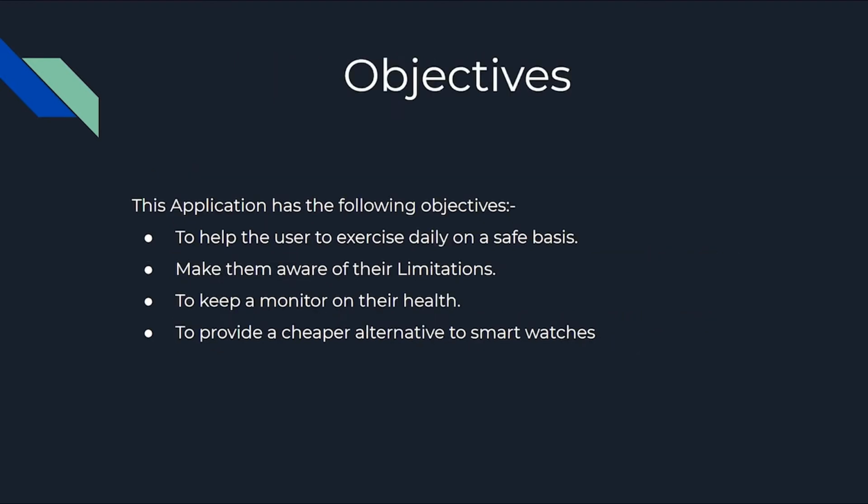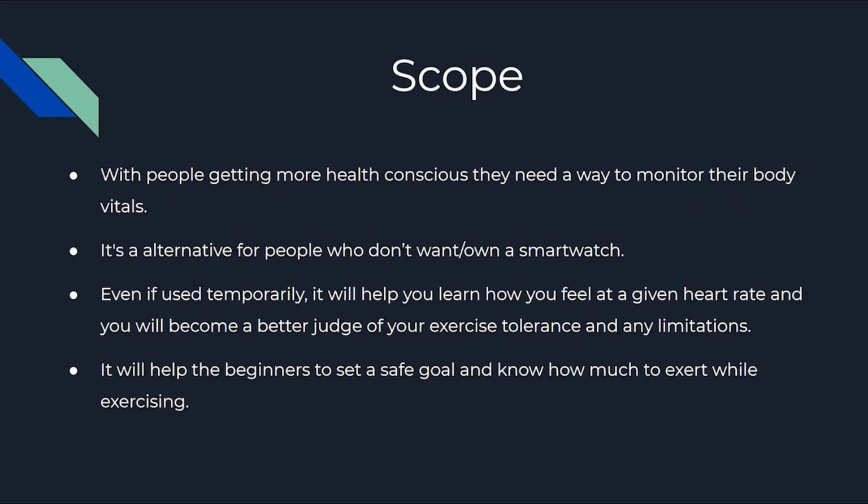Now the main purpose of building a heart rate monitor was so that we can give the user a cheap alternative to smartwatches, and it is a way for users to keep a check on their health and make sure that they know their limitations while exercising. This app can be used by those who just started exercising and don't know how much they should exert.